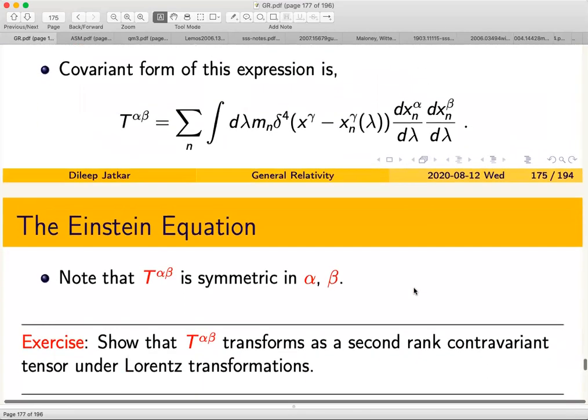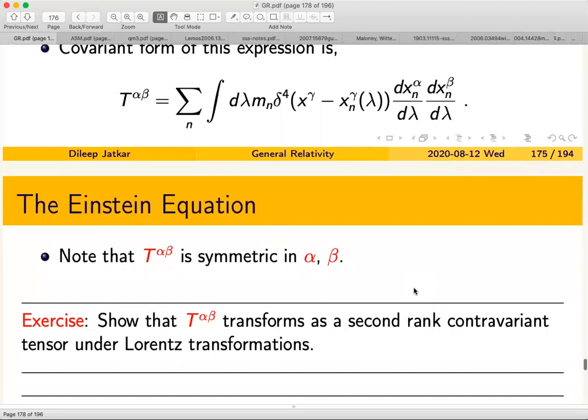So the first thing that you see is something which is obvious, and that is it is symmetric in alpha beta. Okay, and that is something which is quite good. If you try to write down, say, actions for point particles or for fields, and try to derive the energy momentum tensor using what is called the Noether prescription, typically the energy momentum tensor that you get by following that prescription is not symmetric.